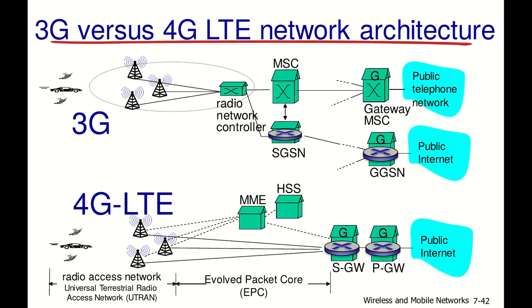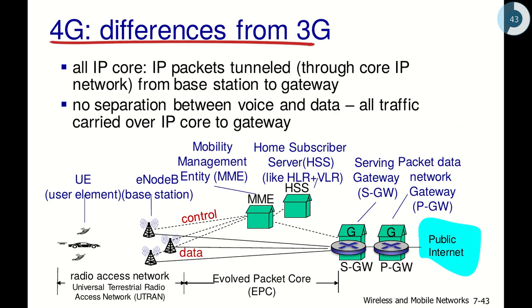becomes much simpler because there is no more SGSN, MSC, or even the RNC, right? So there is only the MME and SSS, and those are not related directly to the data plane. It's just the control plane. Basically, it is for the mobility management function and location functions.